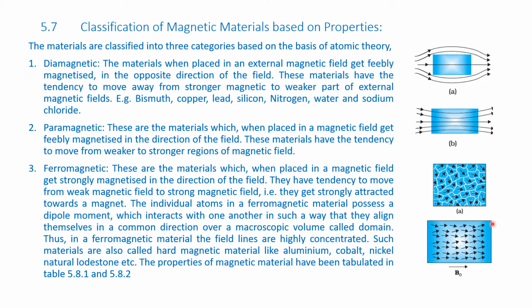Please see this figure here at the bottom. Here they align along with the field. This is the direction of the external magnetic field, and they align in the direction of the strong magnetic field. This region is called a magnetic domain. Thus, in ferromagnetic material, the field lines are highly concentrated.